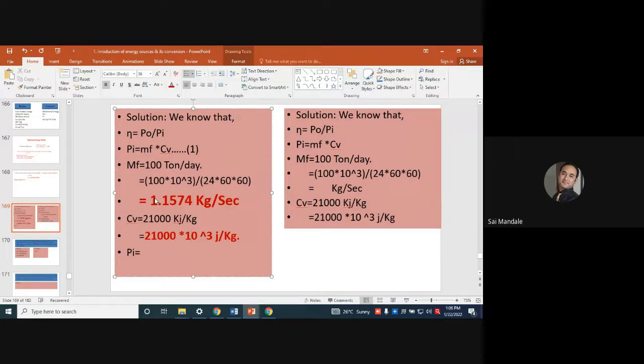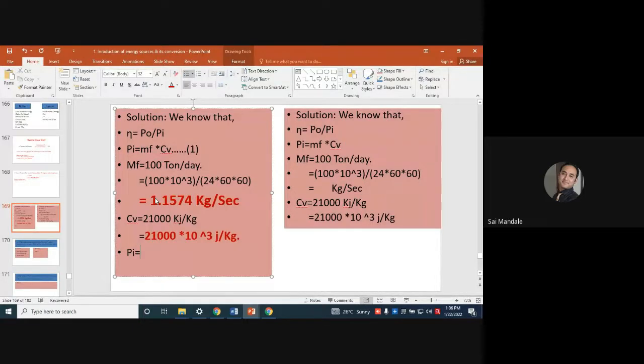And let me calculate the value for power input. It is 1.1574 into 21000 into 10 cube.